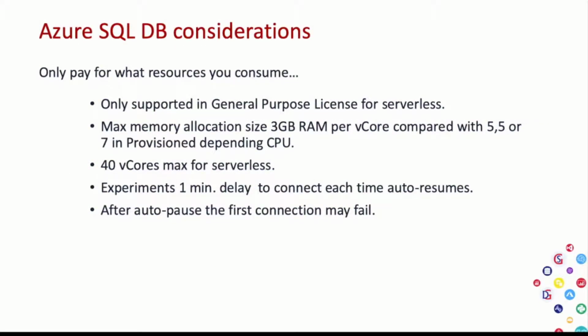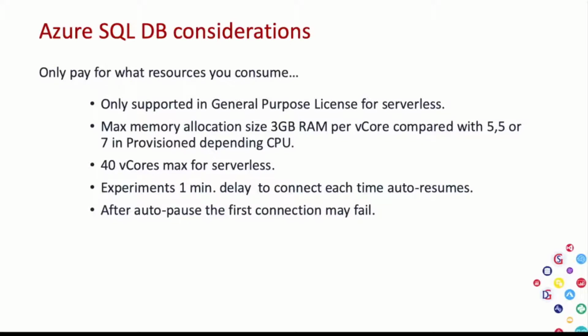So when you select this Azure SQL serverless, you only pay for what resources you consume. And serverless is only supported in the General Purpose tier. You have max memory allocation of 3 gigabytes per core, compared with 5 or 7 in provisioned mode, depending on the CPU.